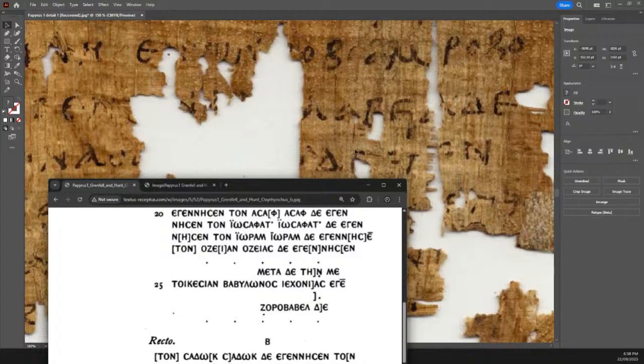So this last letter would be the phi, so Asaph, and I think Asaph is a contested reading between the Textus Receptus and the critical text.